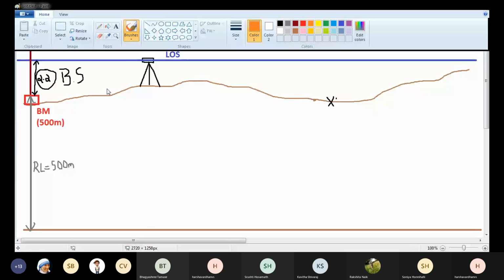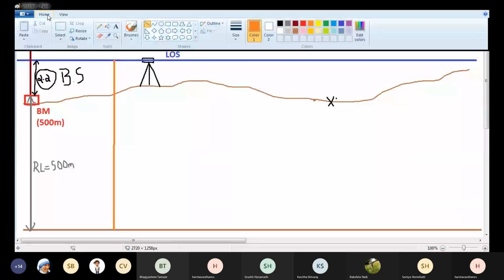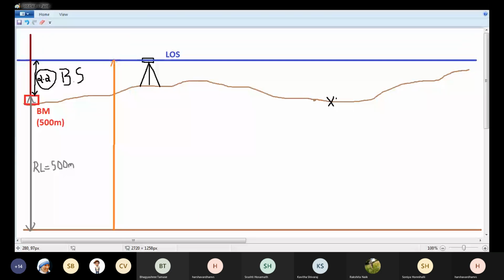After you take backside on a point whose elevation is known, you can measure the elevation, or the vertical distance, of the line of sight from the datum. This is called HI, or height of instrument, or plane of collimation.